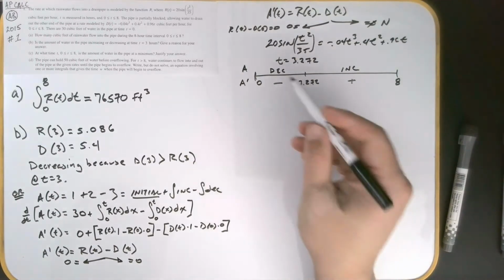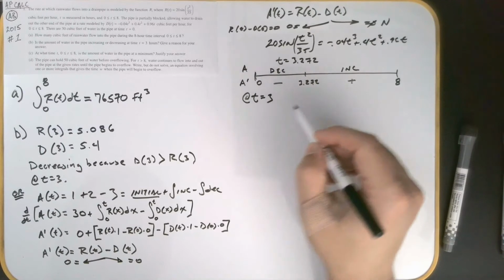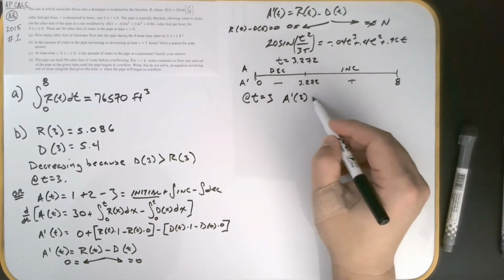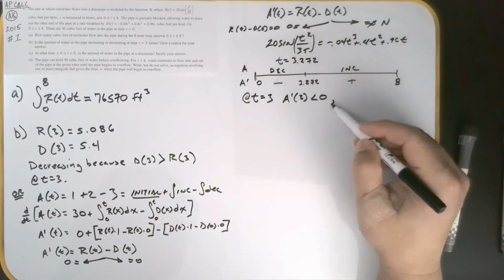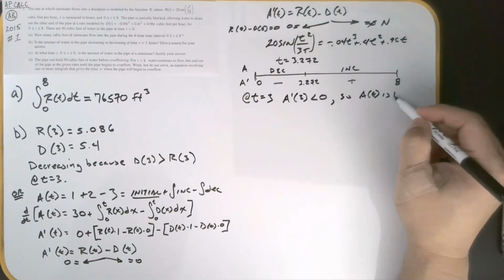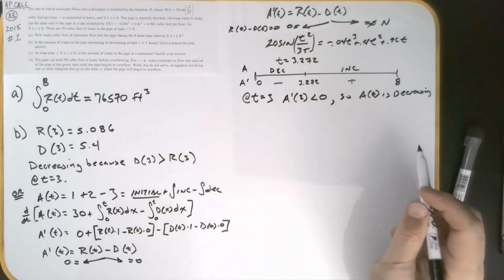You could say at t equals 3, a prime of 3 is negative, so a of t is decreasing. That would be the other approach.